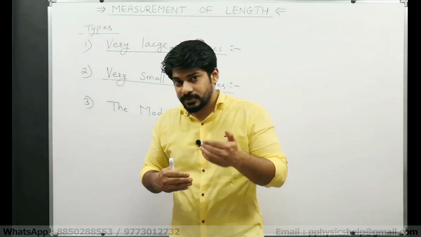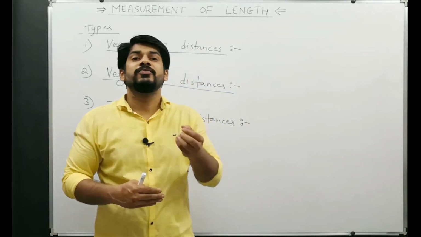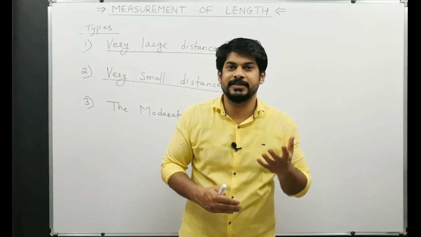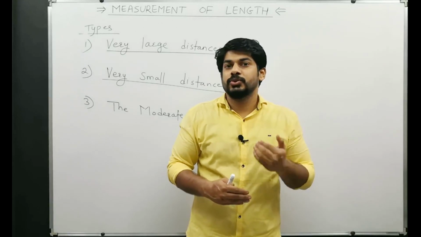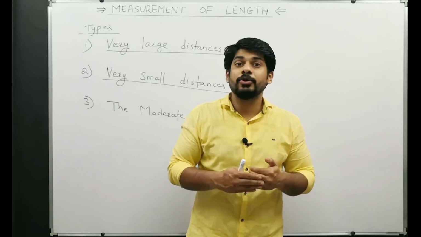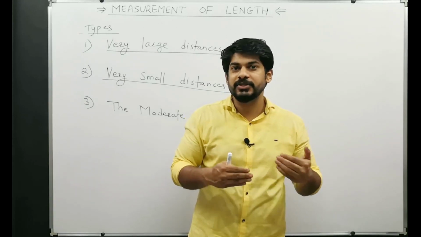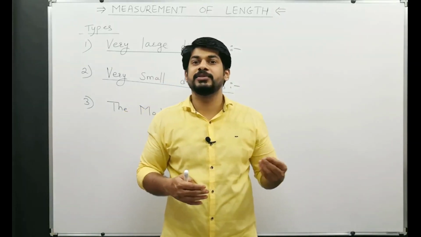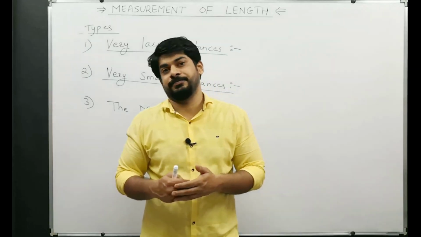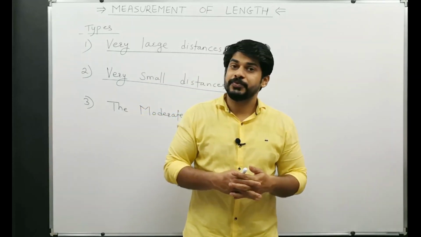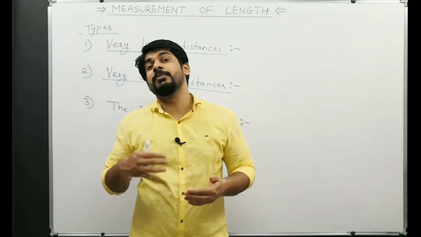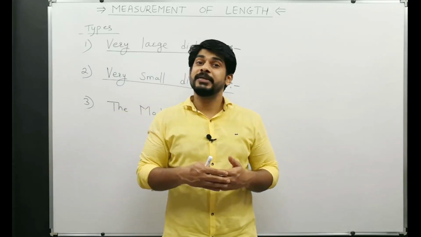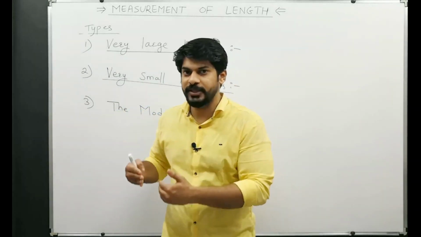Such distances cannot be found out using the naked eyes or any other instruments like our scales. We can't do that, so it's very difficult. We need to use some other instruments, some other equipment for that purpose. I will talk about that.